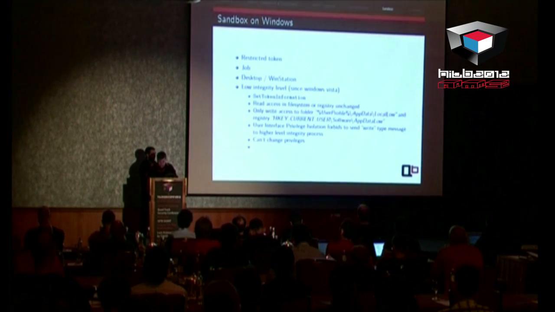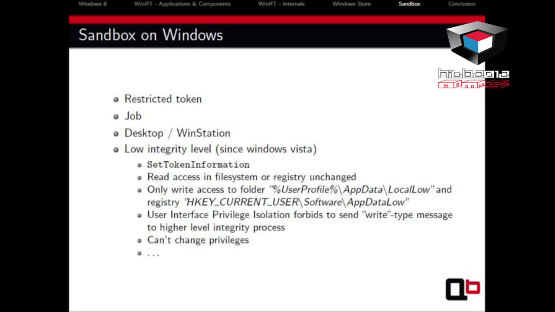There is also an interesting feature, which is UIPI, the User Interface Privilege Isolation, which forbids sending window messages to a higher integrity level process. Also, if your application is at low integrity level, it will not be able to change its privileges.